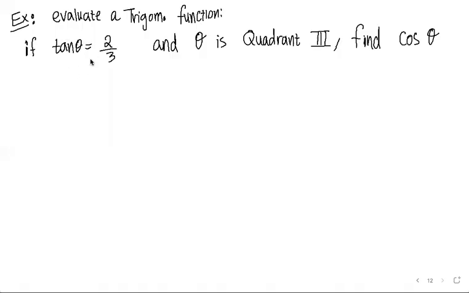Okay. So I have the tan of theta is 2/3, and my theta is in the third quadrant. The question is to find the cosine of theta. So in the third quadrant, what is the sign of the cosine function?